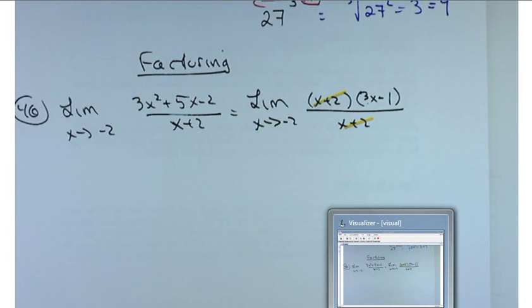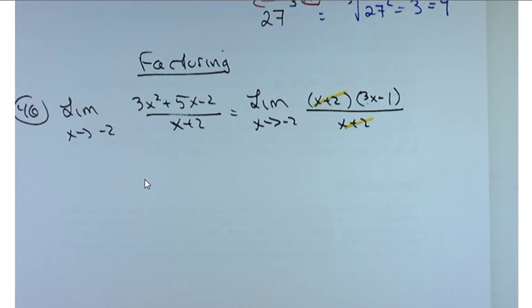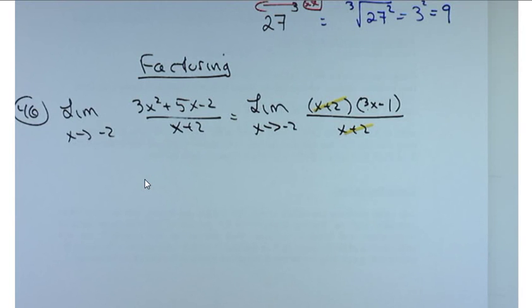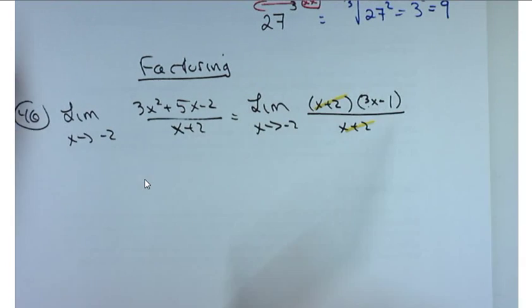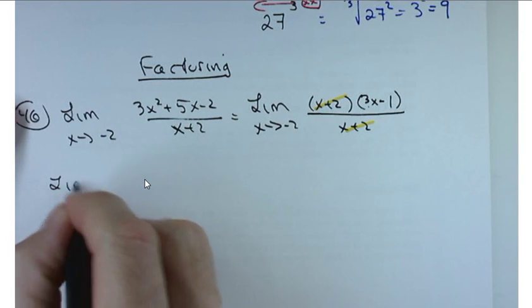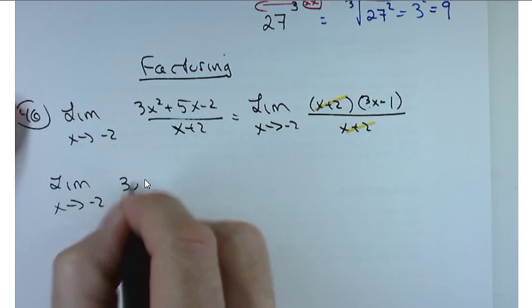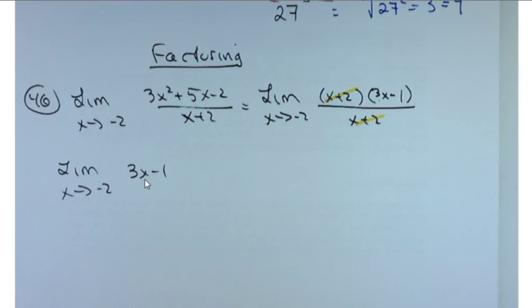And then we can get rid of that term. And that was what was causing the problem. That's why we had a 0 over 0, is because when you put in that negative 2, you're going to get 0 in the numerator and in the denominator. That helps us out immensely. Now what should I do? Yeah, plug in the limit. Absolutely.